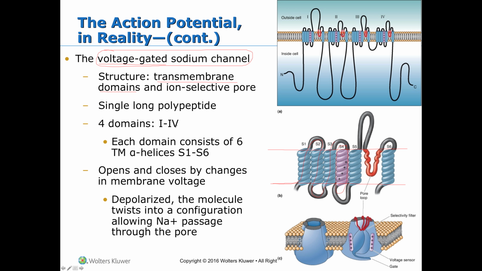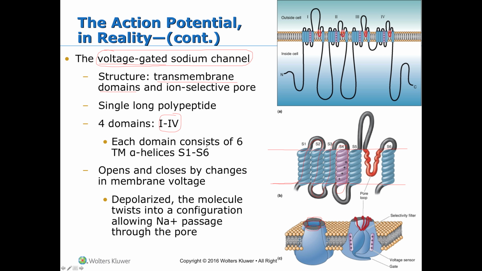There are four domains, 1 through 4, which compose the entire protein. Each of these domains, 1, 2, 3, and 4, are subunits, and altogether these are the tertiary structures of the protein, which then come together to form the quaternary structure.